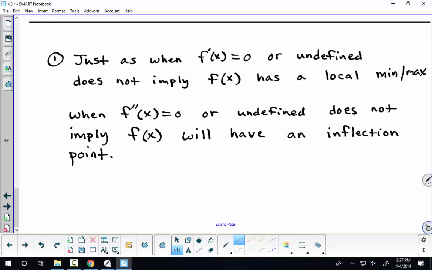And just for reference, an example: for the function x to the fourth, the second derivative is 0 when x is 0, but the graph of x to the fourth doesn't change concavity at 0.